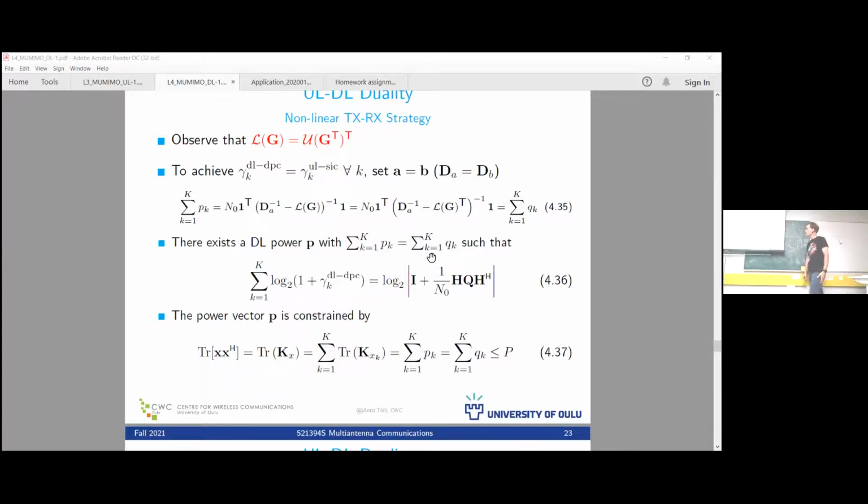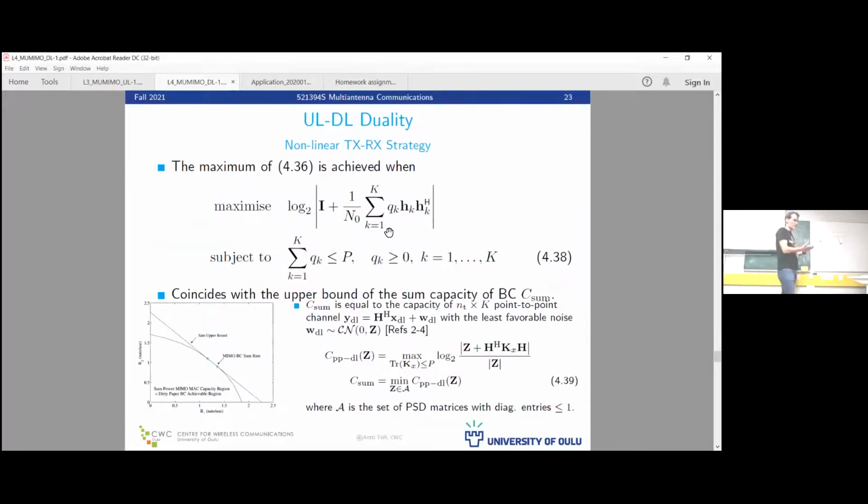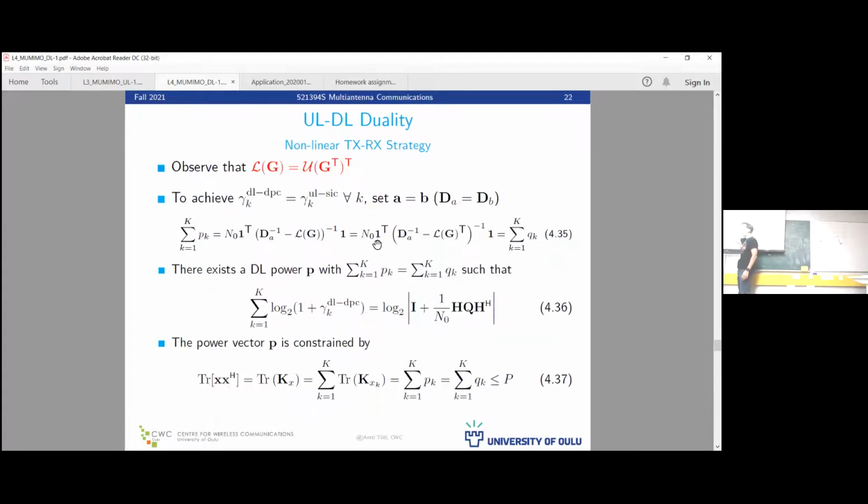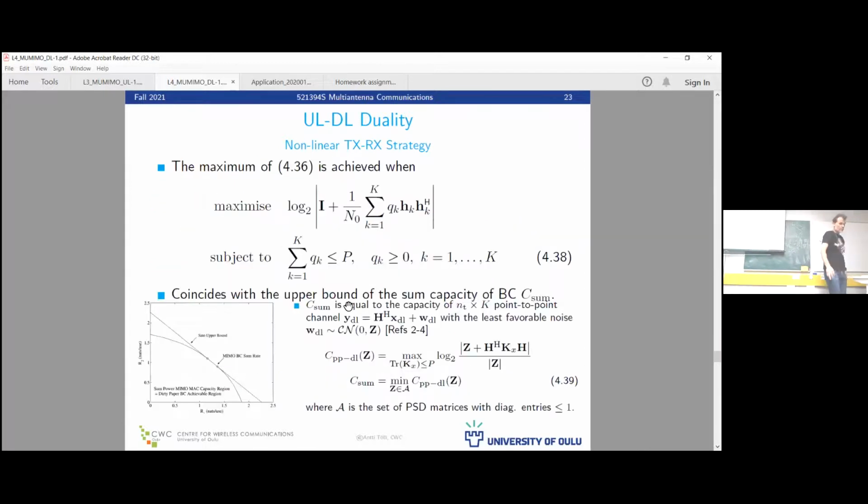So we can maximize this sum of rates in the dual uplink, for which we can also find corresponding SINRs in the downlink after conversion, by simply summing this expression here, subject to some power constraint.